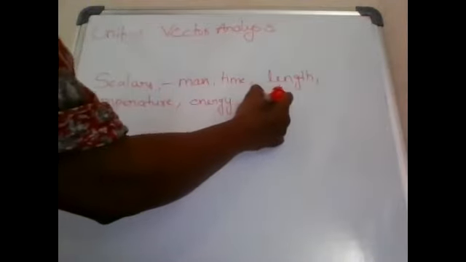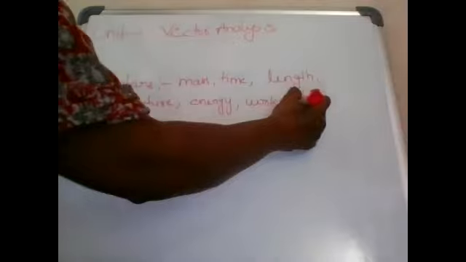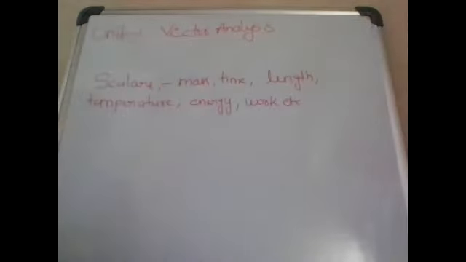What are the examples of scalars? Mass, time, length, temperature, energy, work, pressure, electric charge, current, frequency, potential. These are all examples of scalars.